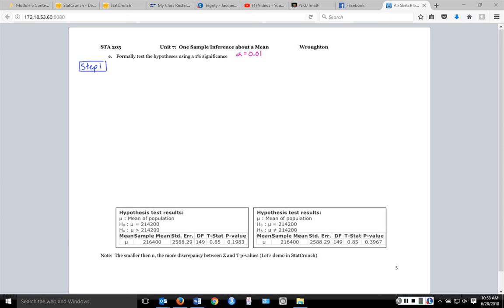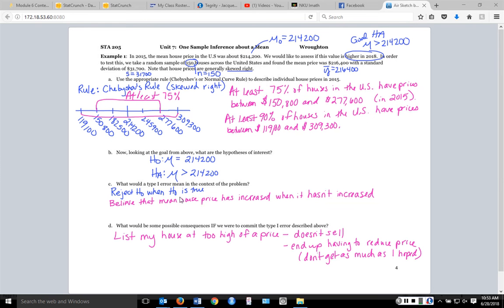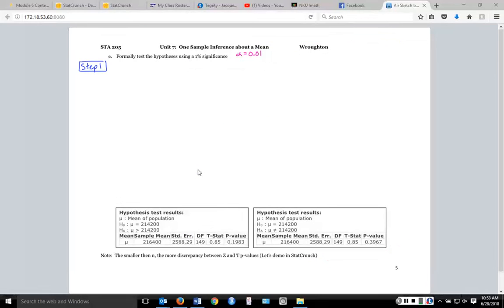Now technically, we already have those written down here in part B, so I'm just going to recopy them down here. But if I hadn't already done it, this is where I'd be thinking through what my hypotheses should look like. So there's our step 1.